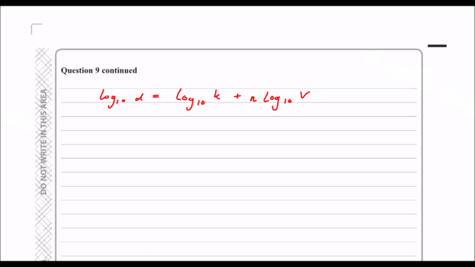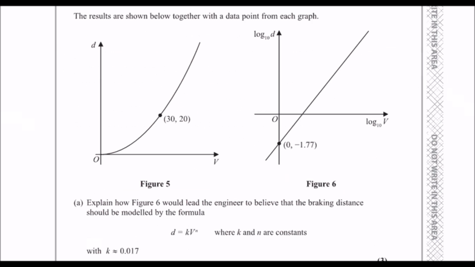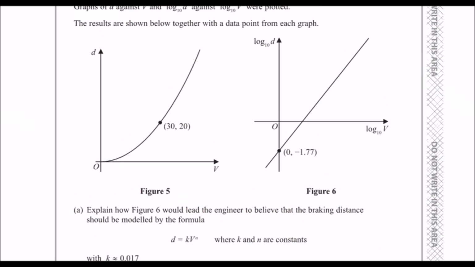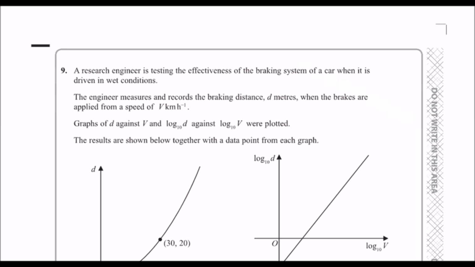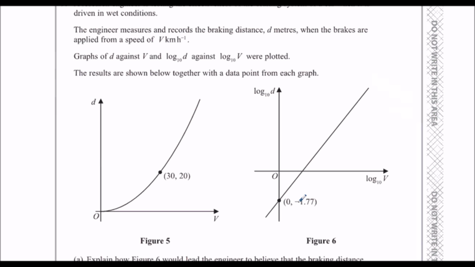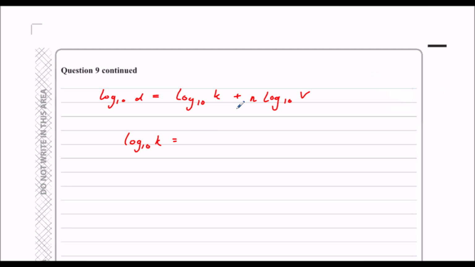So n would be the gradient, and log 10 k would be the y-intercept. So log 10 k is the y-intercept, which is at negative 1.77.